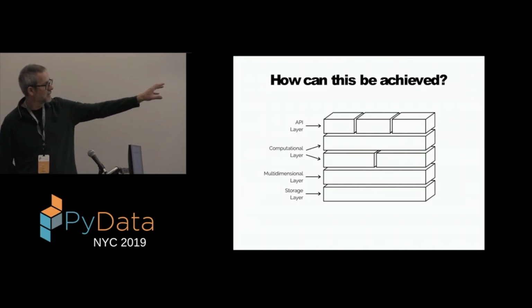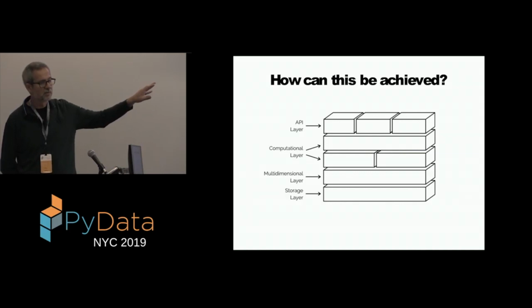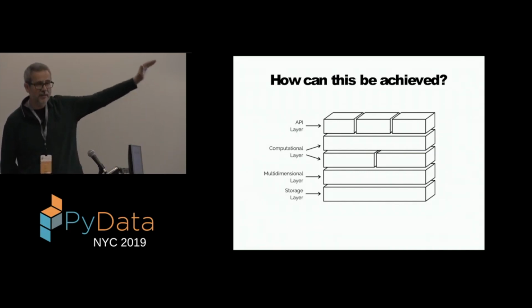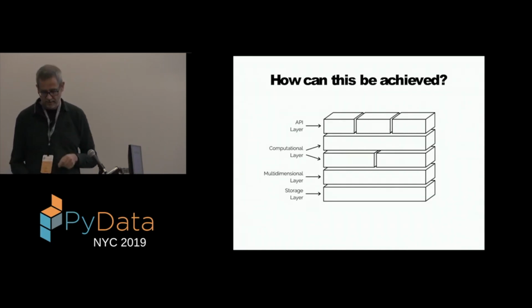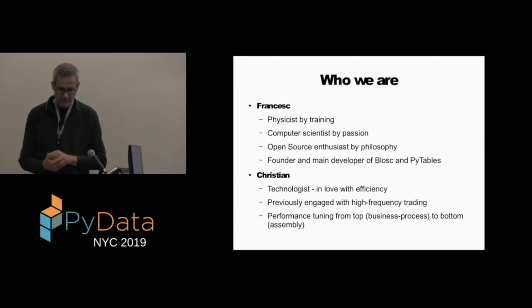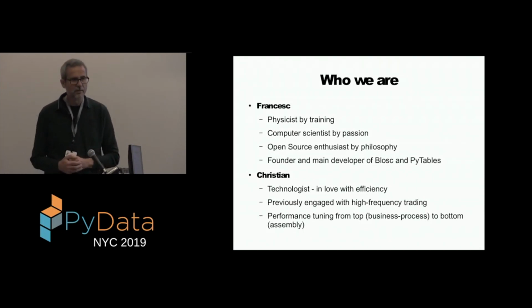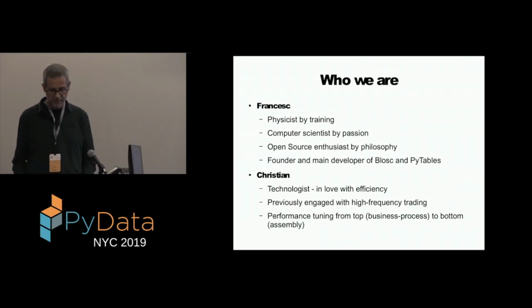Essentially, the storage layer manages the compression, so we minimize the amount of data that the computational layer is going to handle. And then what we need is to fuse the computational step with the compression step as much as possible, so that we reduce the movement of data in memory buses.